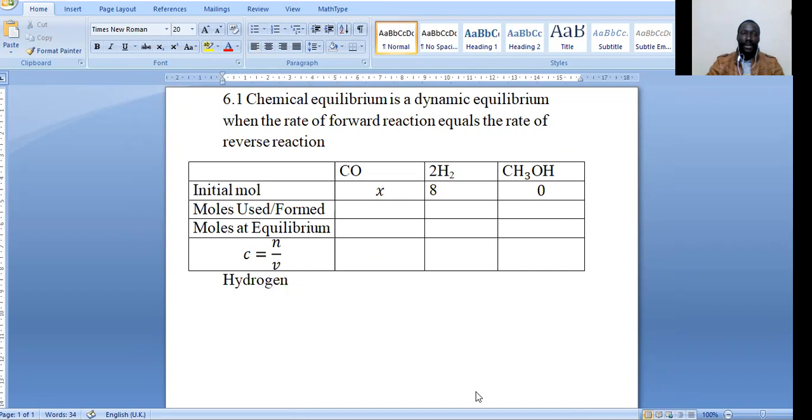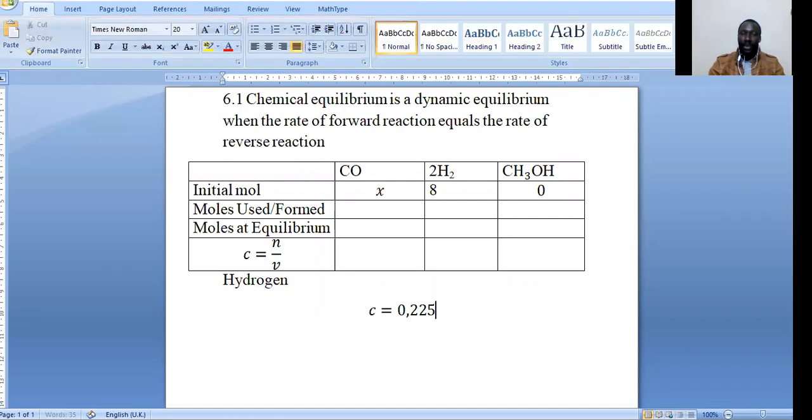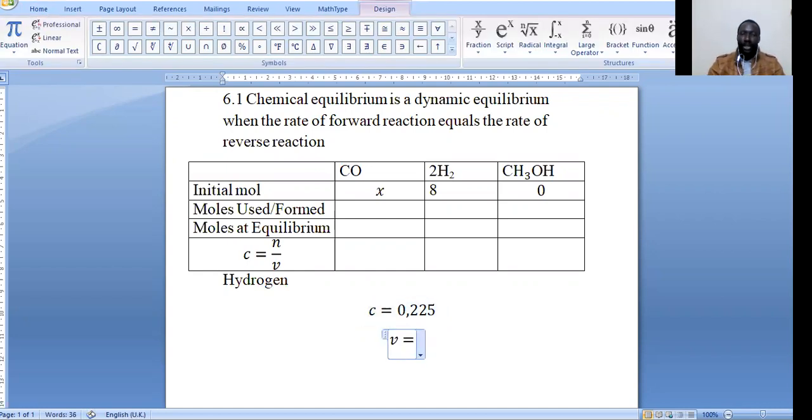The concentration C for hydrogen is given as 0.225. That's what we have been given. What else do we know? The other thing we know is also at equilibrium, the volume did not change. It was just the temperature that was being increased. So here, the volume is 10.